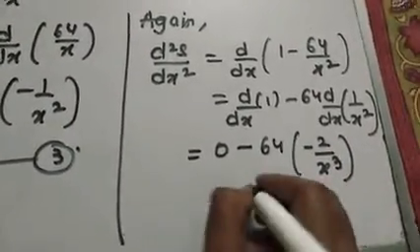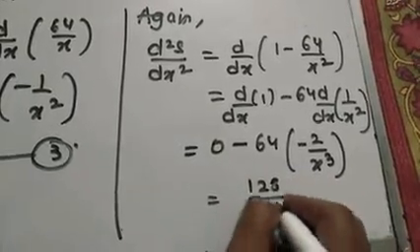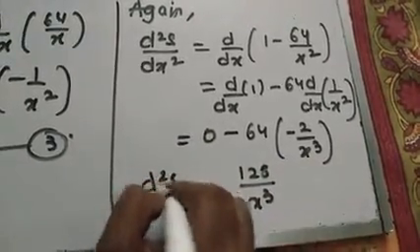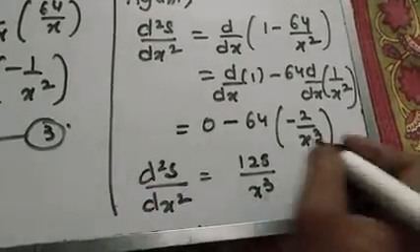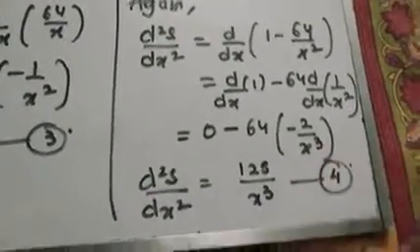So that means plus 128 by x cube. So this is our d2s by dx2. Name this expression as 4.